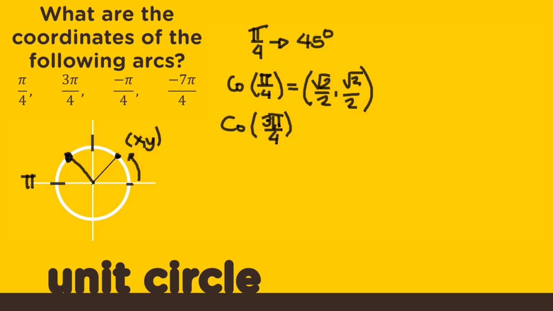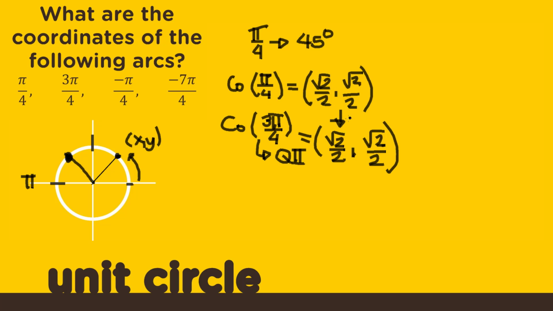This is your terminal point for 3 pi over 4. What does this tell us? The location of our 3 pi over 4 is in quadrant 2. What does this imply? We simply copy the same coordinates, square root of 2 over 2, square root of 2 over 2, because our denominator here is 4 and we have 4.